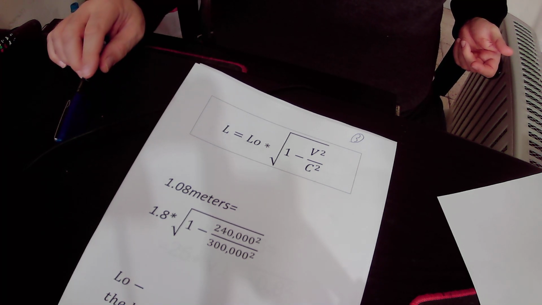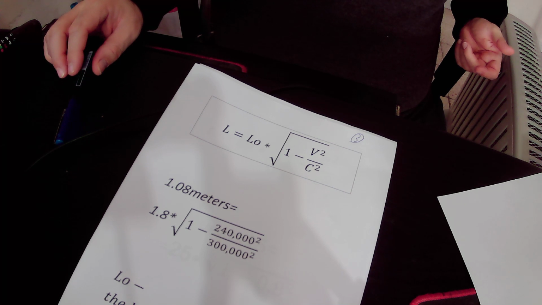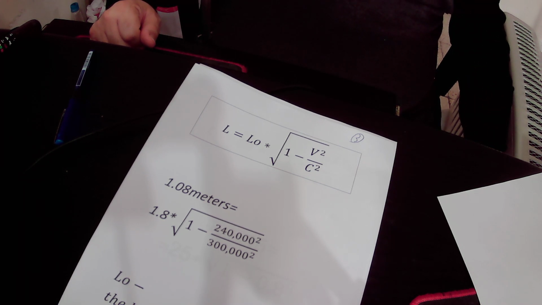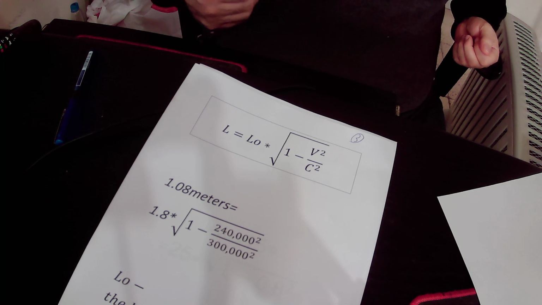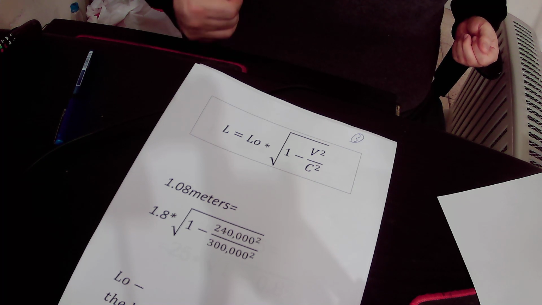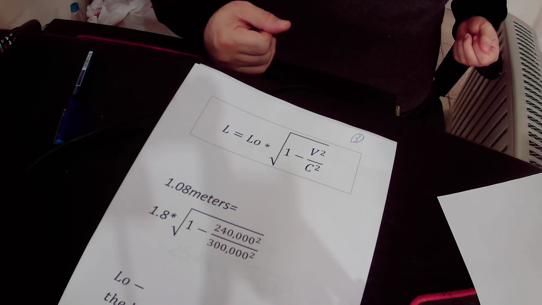So you should know that the height of the object or the twin brother in the spaceship will change anyway when it is moving towards the star Epsilon.